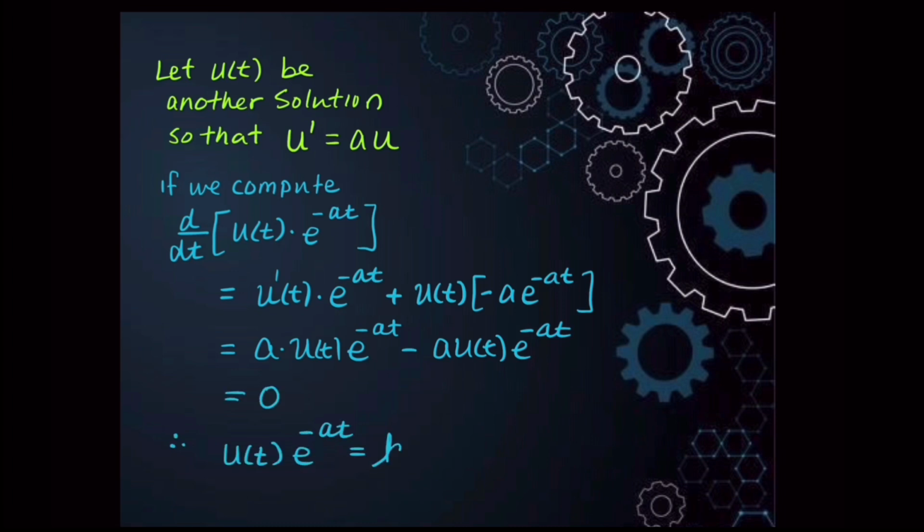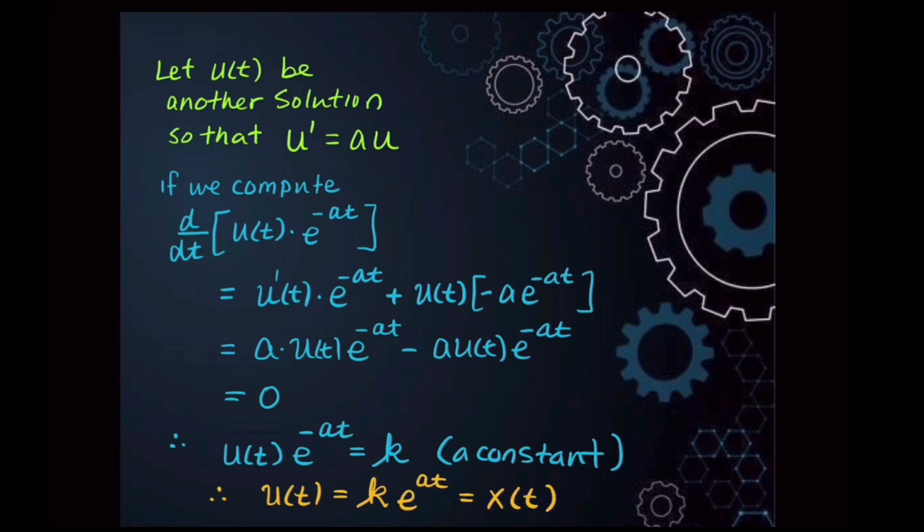What does that imply? It implies that u of t times e to the negative at is a constant, which we'll call k, and therefore u of t is equal to k e to the at, which is x of t. This shows that there are no other solutions.